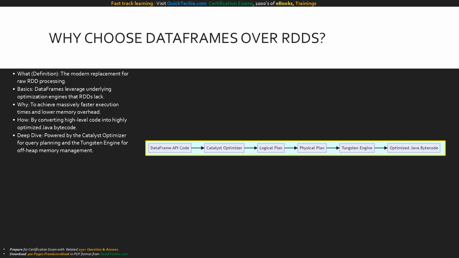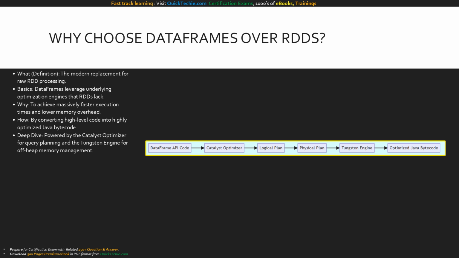You might wonder, why do we prioritize data frames instead of the older resilient distributed datasets, or RDDs? The answer lies in two powerful internal engines, Catalyst and Tungsten. When you use data frames, Spark SQL's Catalyst Optimizer automatically optimizes your queries. It takes your high-level operations, like filters and joins, and transforms them into a highly efficient physical execution plan.